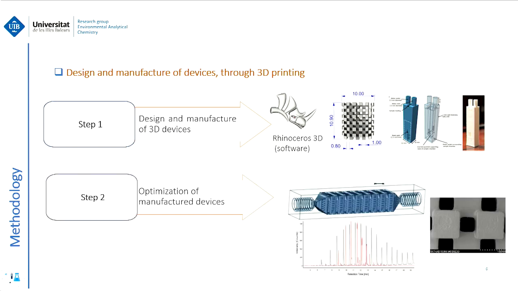The next step is optimization of this device. Here you have a device and the other one is the picture from the microscope. The problem is that some of the resins we use can have different chemical or physical properties and different stability, so we need to check that.